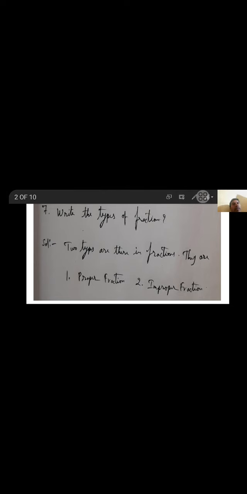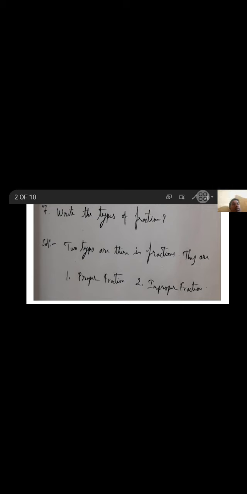Let us see the next slide. Here a question comes from previous papers: write the types of fractions. The answer is, there are 2 types of fractions, mainly proper fraction and second, improper fraction.